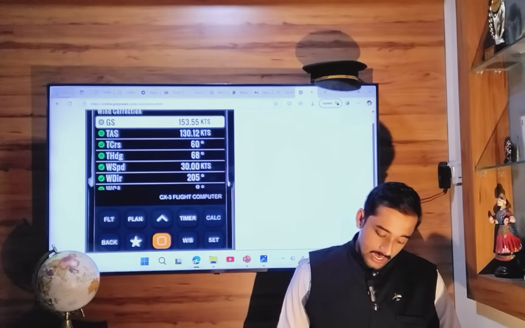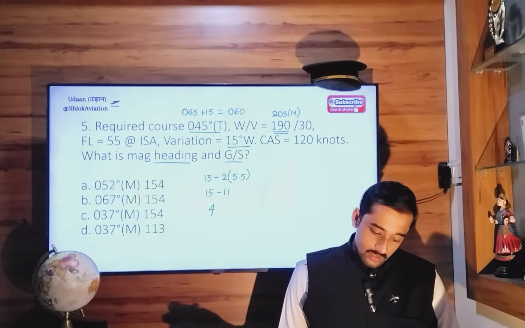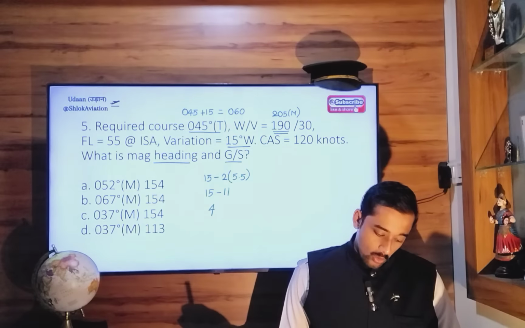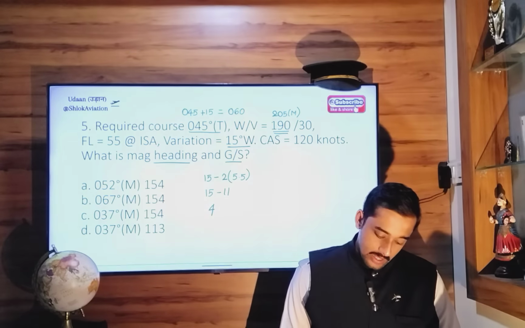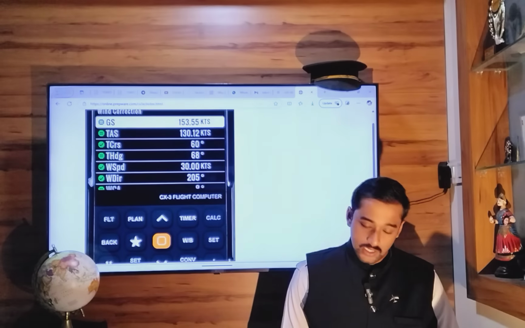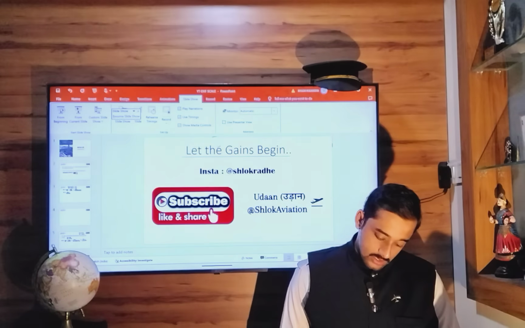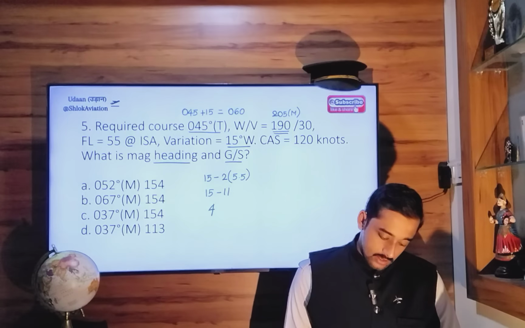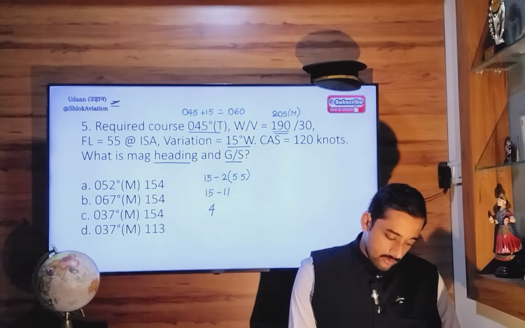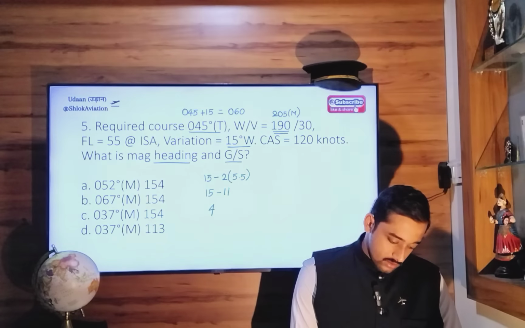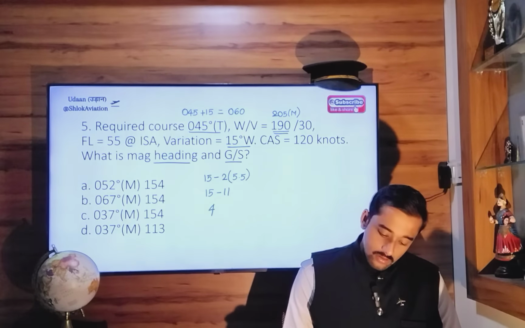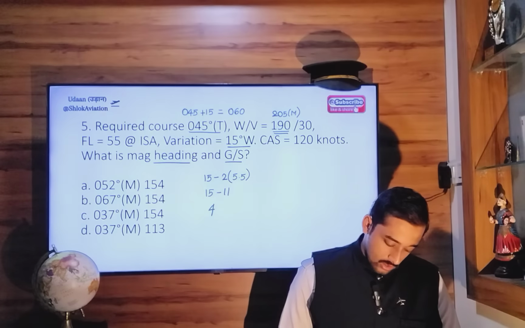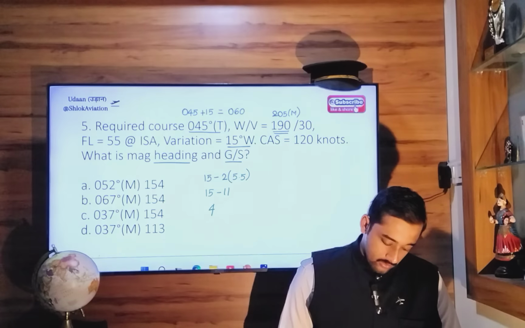So in that case ground speed will be 153 knots and magnetic heading will be 068. So the correct answer will be option Bravo.